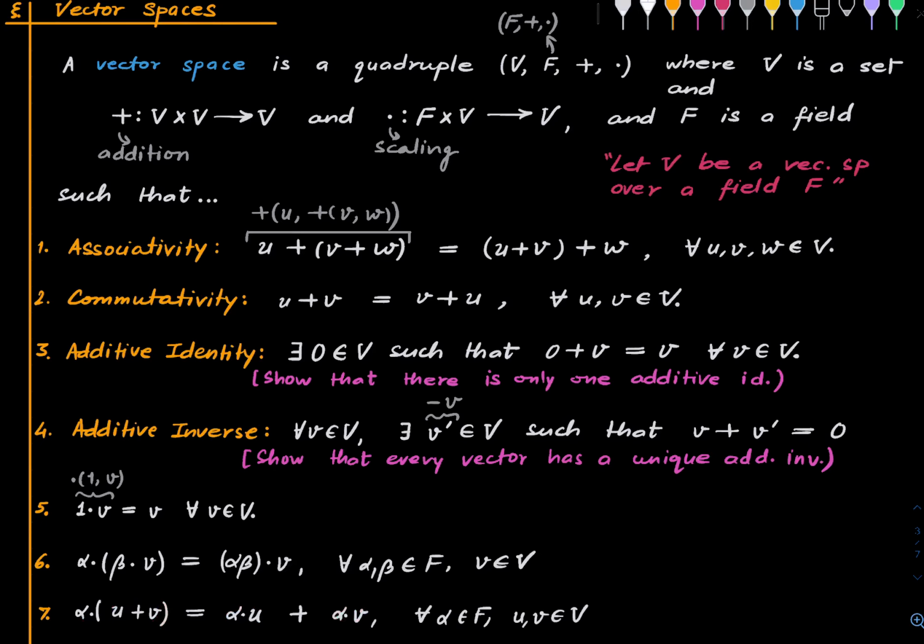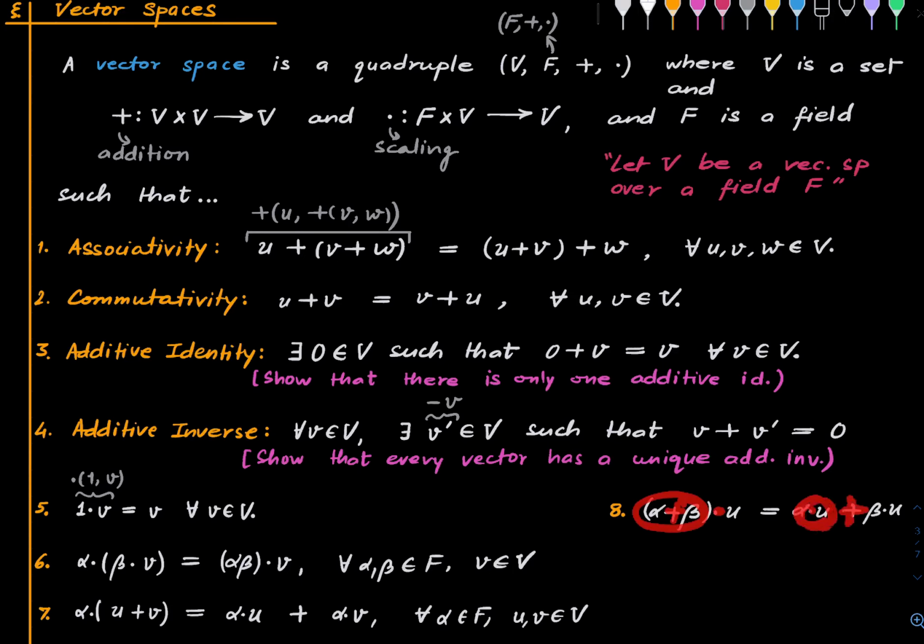Okay. And lastly, another sort of distributivity property. It says that (alpha plus beta) dot u is equal to alpha dot u plus beta dot u. Here this plus is happening in the field. This dot is the vector space dot. And again, this dot is the vector space dot, but this plus is happening in the vector space.